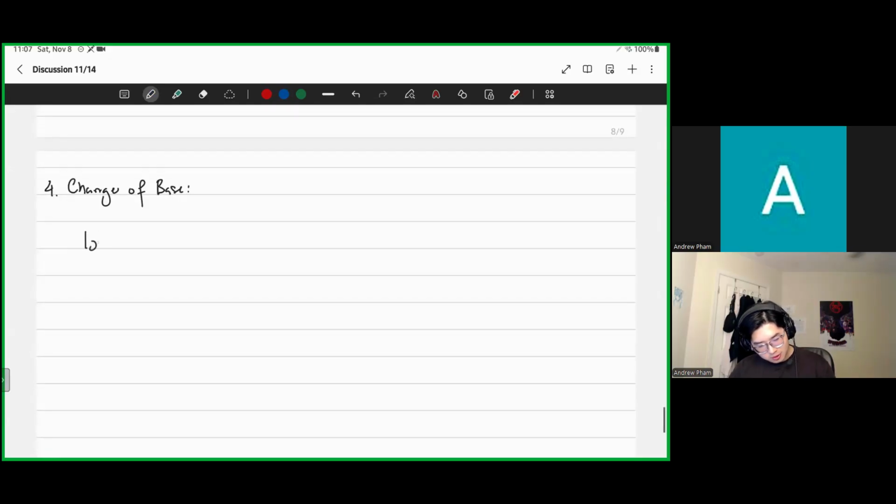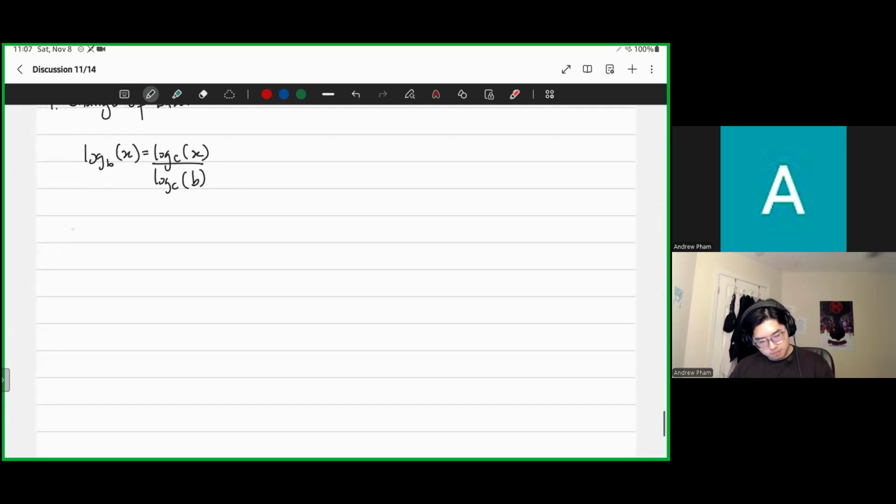This states that logarithm base b of x is equal to logarithm base c, another base, of x, divided by logarithm base c of b. So the proofs of these go as such.